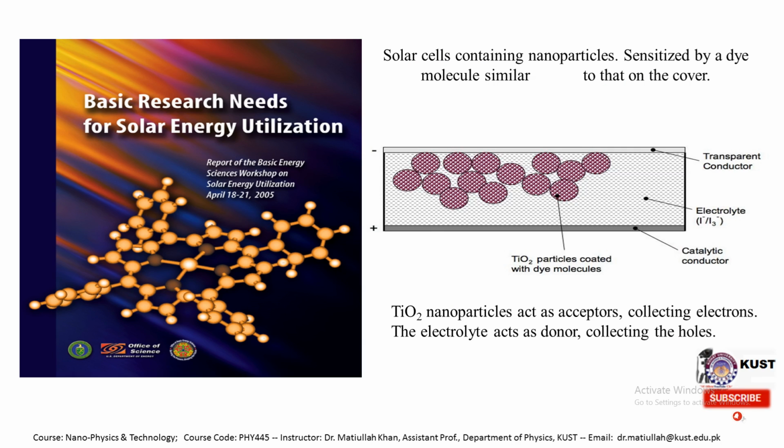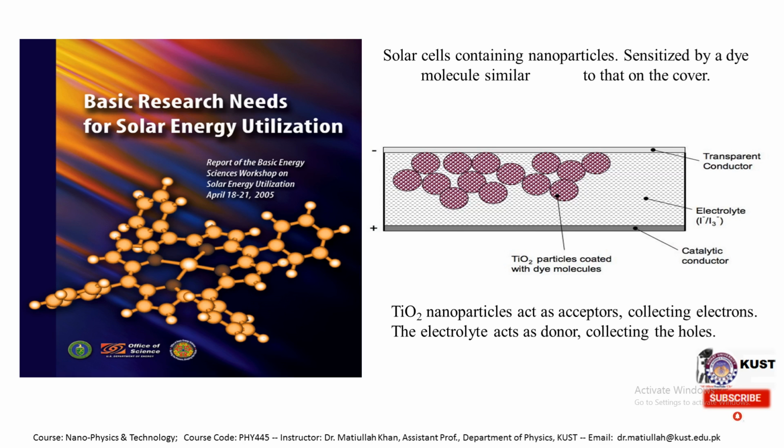This is a book that basically gives a research-based understanding of how we can utilize solar energy for different purposes. So, solar cells containing nanoparticles could be sensitized by a dye molecule. In some cases we have semiconductor mixing that is also utilized for solar cells, while in some cases we have dye sensitizing.